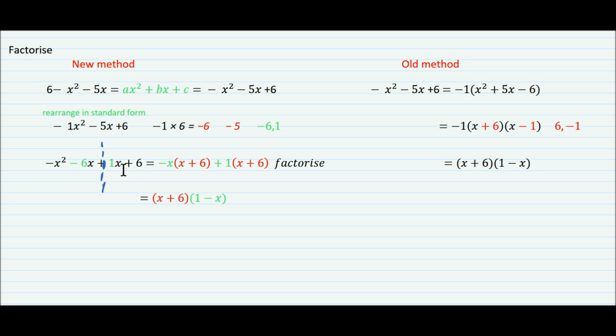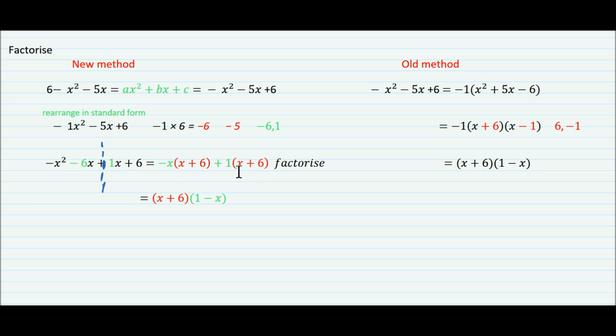Now you factorize the right expression. Now there's actually 1 in front of the x and there's 1 in front of the 6, so you put a 1 here and you open the bracket and you leave it as it is, x plus 6. So now we've got this expression.